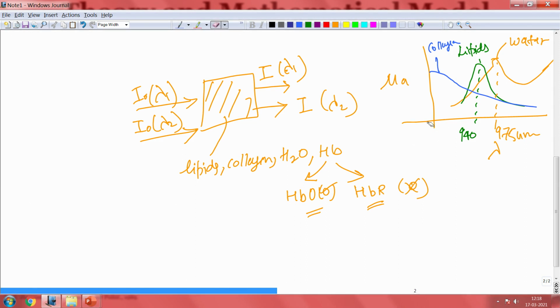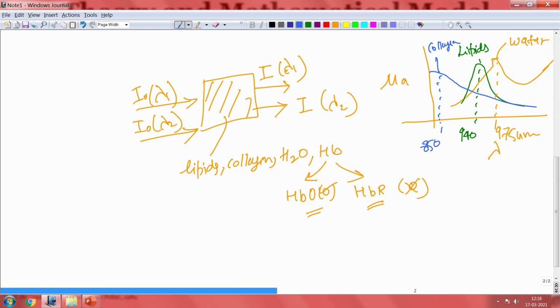We can just write it as 850 nanometers, and that is what we have used over here. So, the way the light gets absorbed at different wavelengths is different for different constituents. For hemoglobin again it varies accordingly.